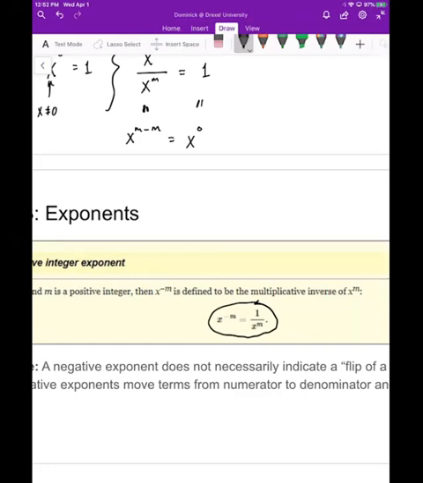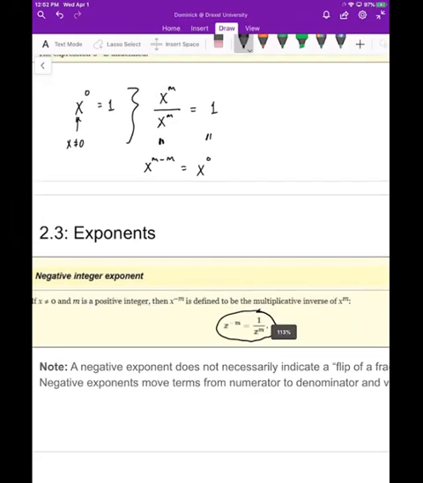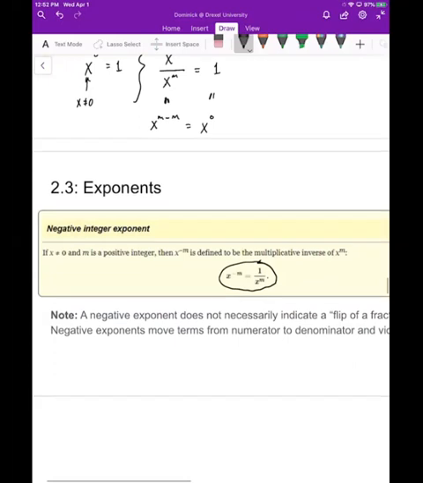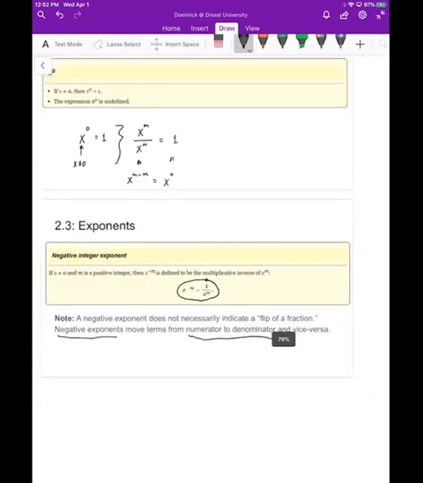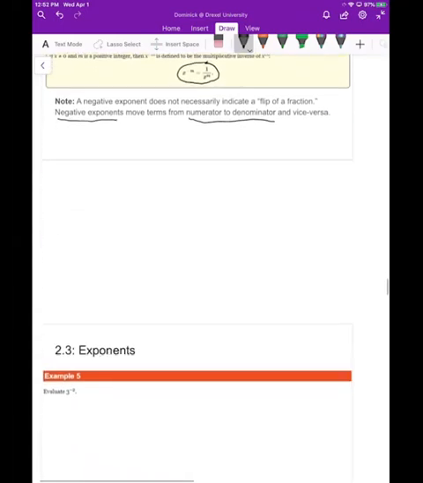You're flipping it, all right, which is not necessarily true. I typically like to think of it as, if you have a negative exponent, it's going to move something from the numerator to the denominator, and vice versa. If you have a negative exponent in the denominator, it would move to the top and become positive. All right, so I typically prefer that way of thinking of it.